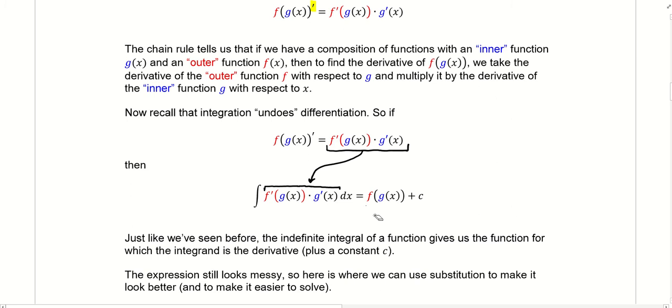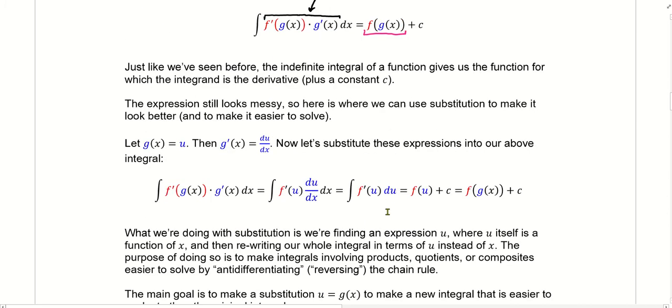So that's what I should be getting back from integrating the result of the chain rule. It's undoing the chain rule. It's giving me my original piece, or the thing I was differentiating, back, plus that arbitrary constant.